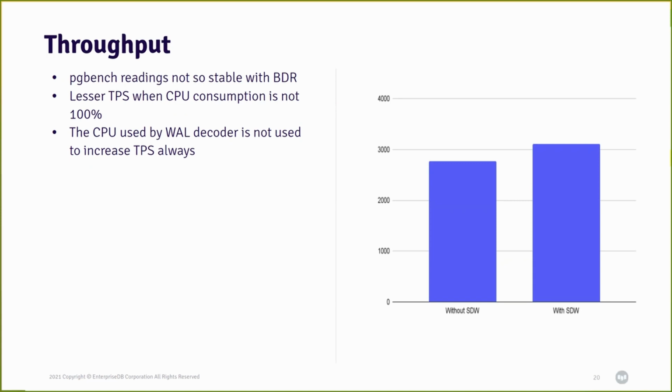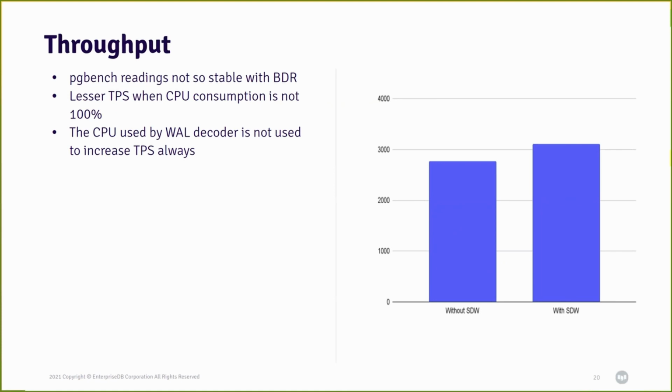with BDR, we are not yet able to get stable readings of benchmarking. The reason is replication interacts with the transaction throughput when we are utilizing 100% of CPU. And so the replication competes with transaction throughput, and sometimes the transaction throughput is not stable.